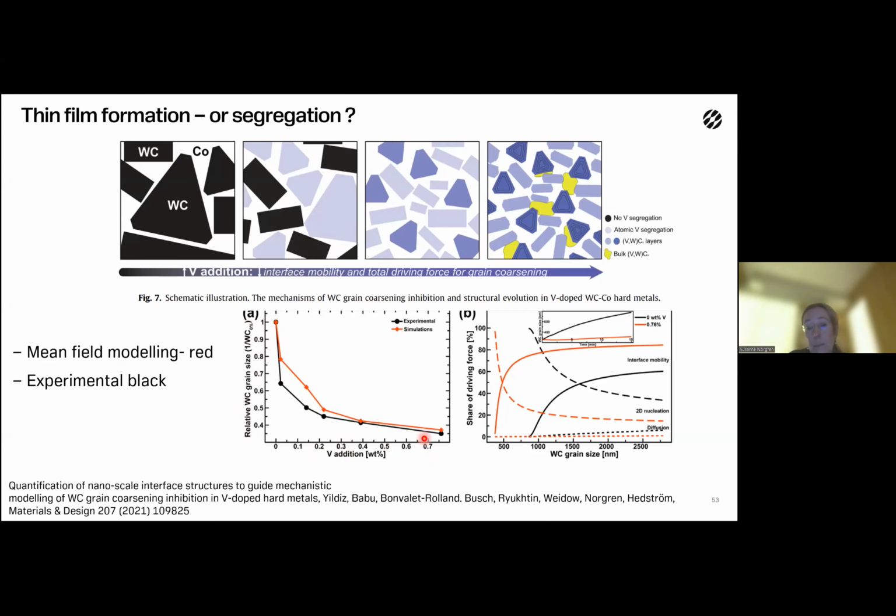And in this case, we also tried to model the grain growth using both coarsening by segregation to the layers and the interface mobility. And then we tried to see how much of the driving force was actually taken up by the nucleation of a layer and the growth of a layer.